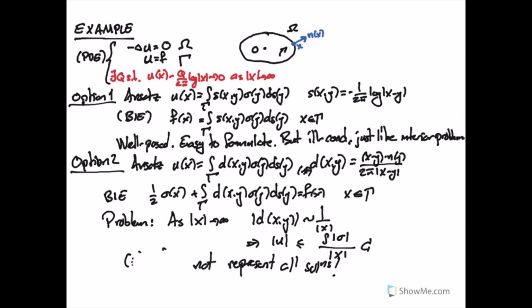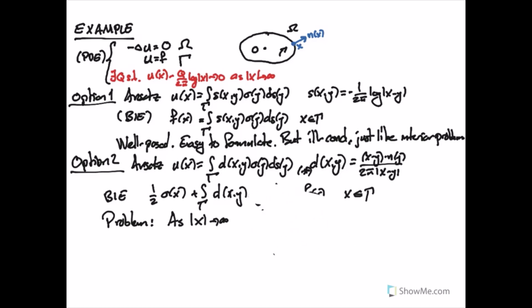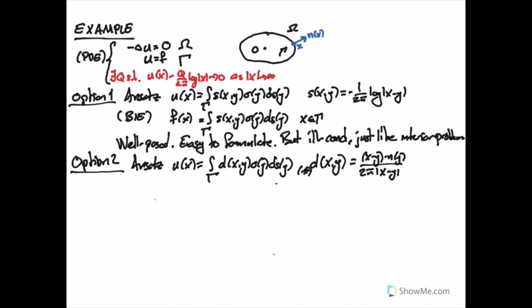So let's backtrack a bit. Let's remove all of this. And I'm going to need a little bit more space. So let's rewrite D of x, y.